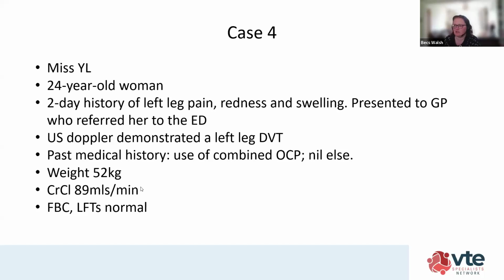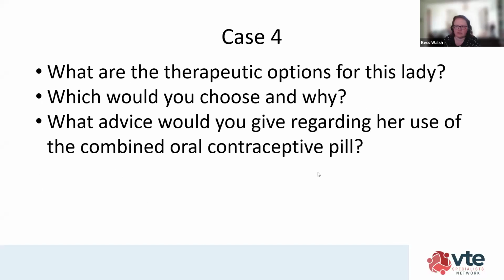Past medical history, combined use of the oral contraceptive pill, but nothing else. Weight 52 kilograms, creatinine clearance good, 89 mils per minute, normal LFTs and full blood count. So what would you give her and why?